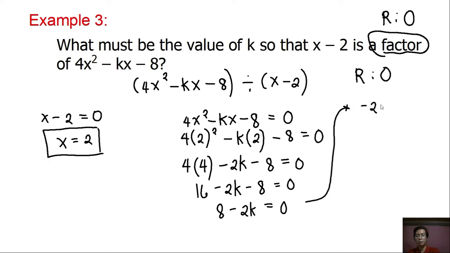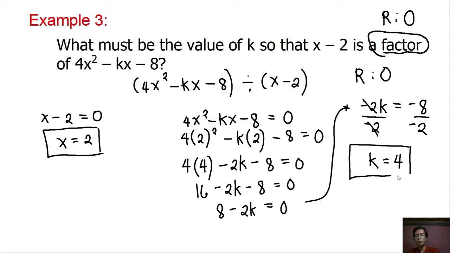So, you now have negative 2k is equal to negative 8. Solving for k, we divide both sides of the equation by negative 2. So, cancel. K is equal to negative 8 divided by negative 2 is positive 4. Therefore, the value of k is equal to 4.